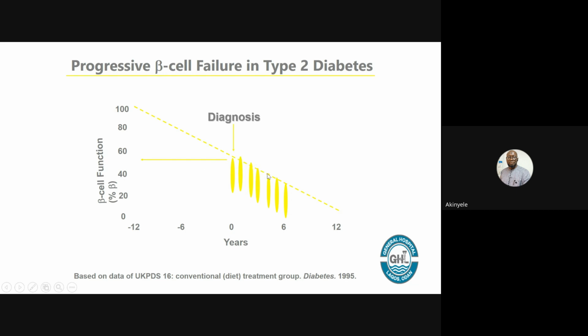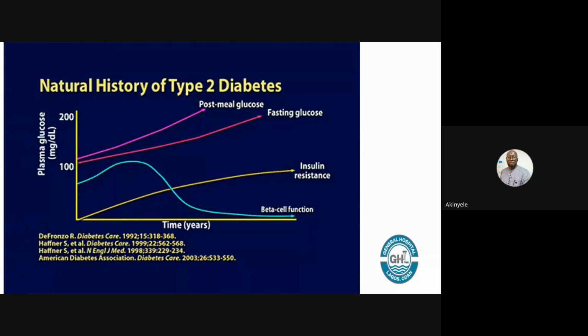And when they are not managed well over time after their diagnosis, the beta cell function will decrease rapidly, such that someone who normally should have been a type 2 diabetic patient will rapidly progress to one needing both oral medications and insulin to maintain adequate control, because the beta cell function has reduced so much that that patient now has a picture of someone who has type 1 diabetes.